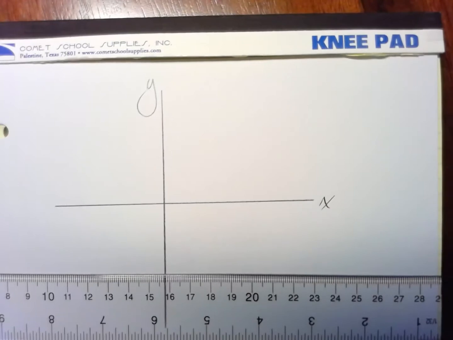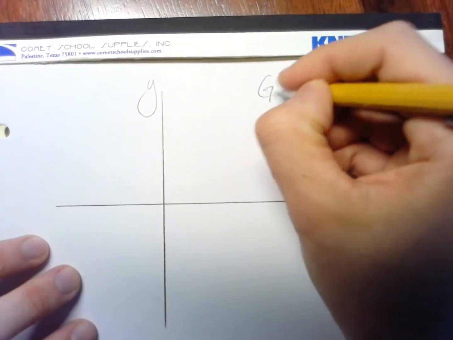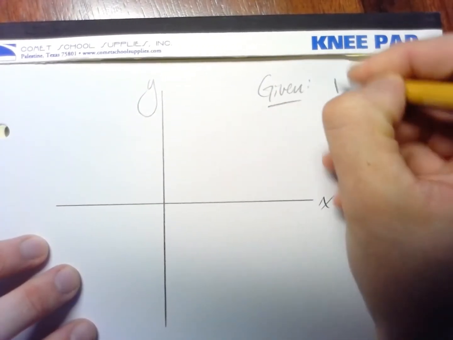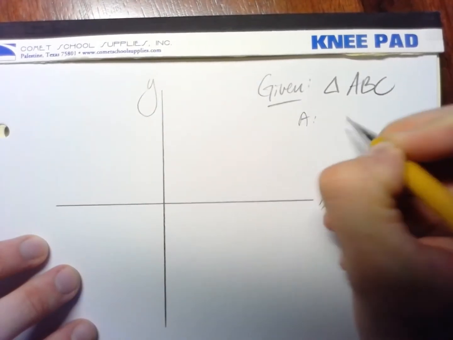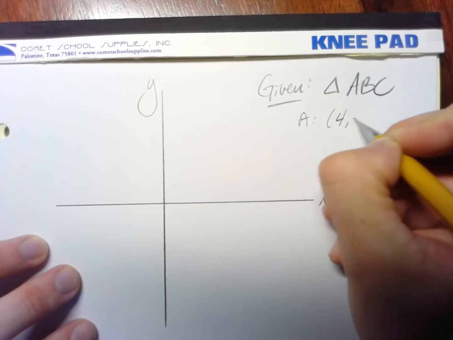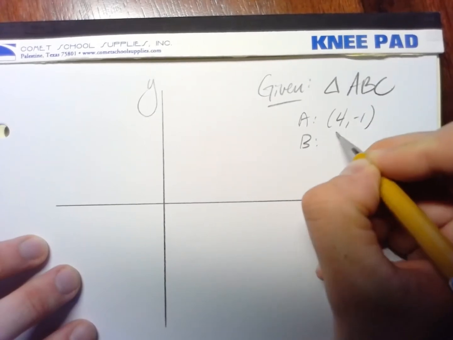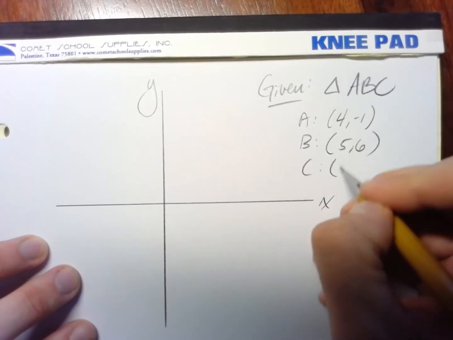And let's suppose that my given is triangle ABC, where A is (4, -1), B is (5, 6), and C is (1, 3).